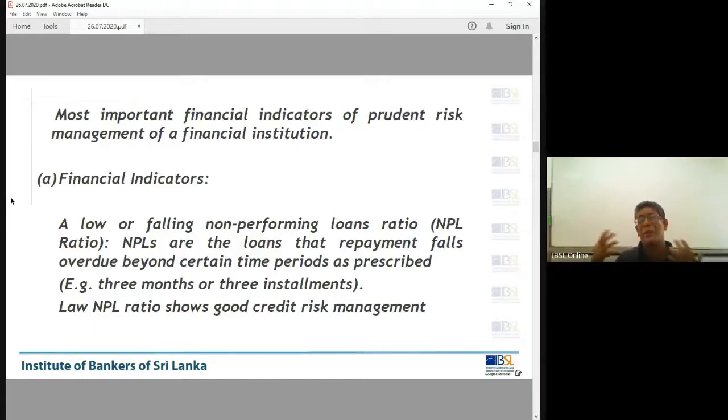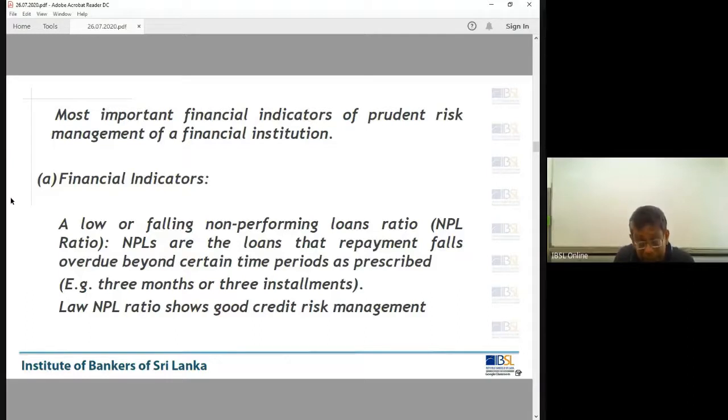Or maybe your recovery process is weak. You are not properly evaluating the customer. There are many reasons. You are not looking at the C factors, the 6 Cs, properly. Likewise, if you don't have a proper internal control system or recovery system, that means your NPL is going up.